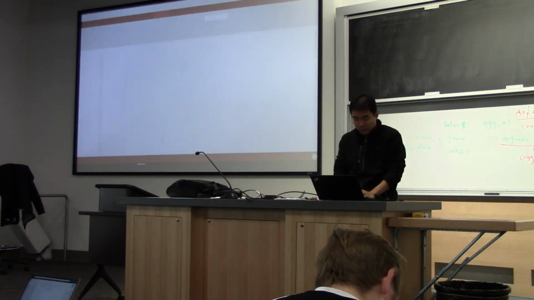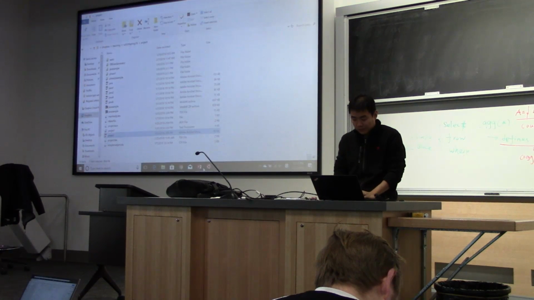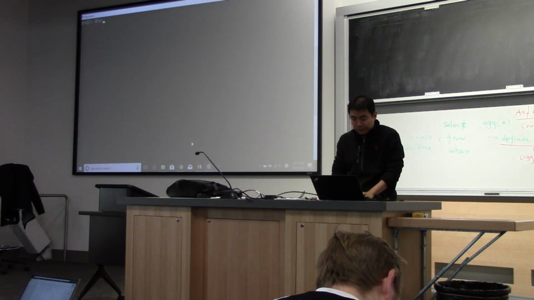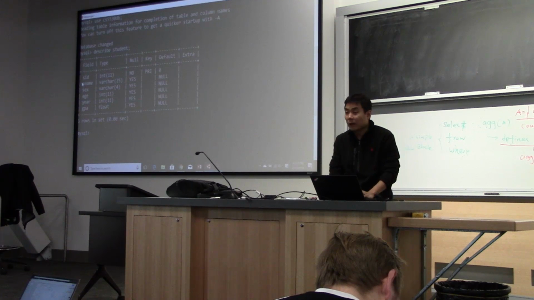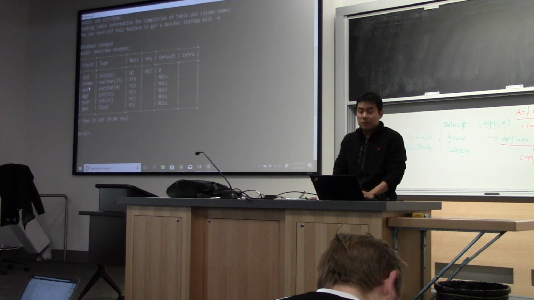Let's try that on a real database and see what we get. For the student table, I have student ID, age, and student name, just like the sailor table.